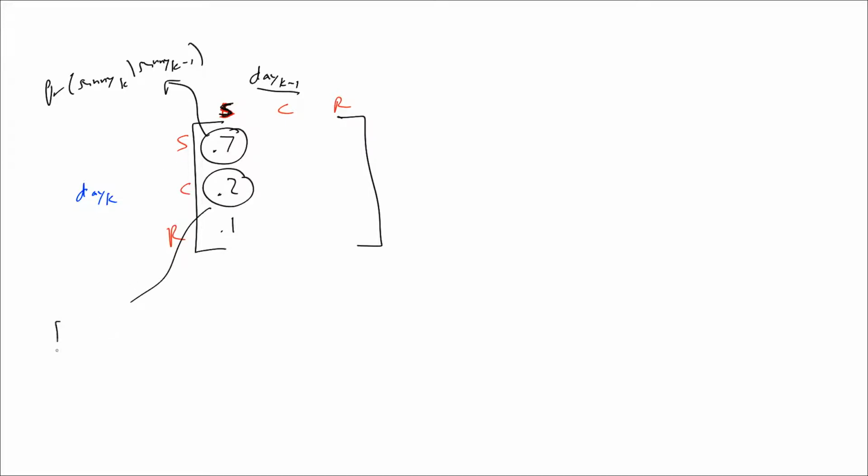Whereas this guy here represents what's the probability that it is cloudy on day k, given that it was sunny on day k minus 1, sunny the previous day, okay? Because we are in the sunny column for day k minus 1, but we are in the cloudy row for day k, right?